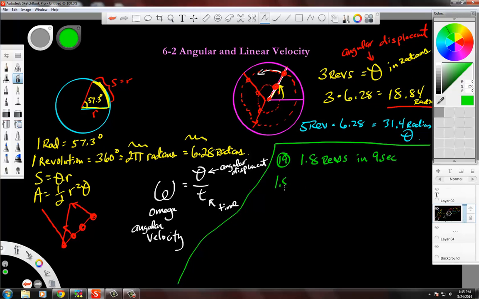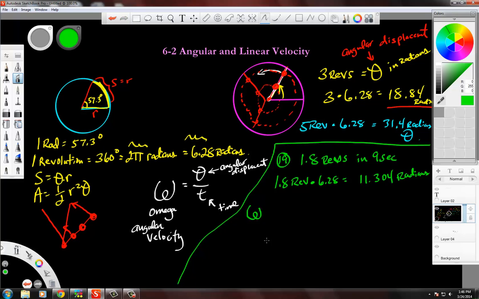So we're going to take 1.8 revolutions and multiply it by 6.28 to figure out its radian measurement. So 1.8 times 6.28 is 11.304 radians. You've got to keep these units straight. And now, according to the formula, omega, that's the worst omega ever. Let me do that again.